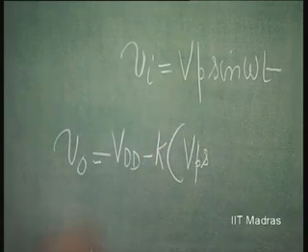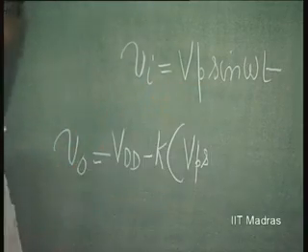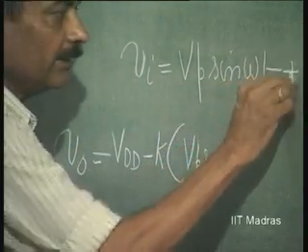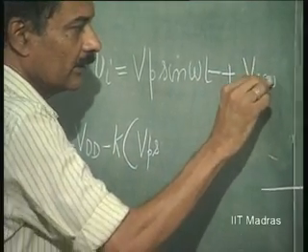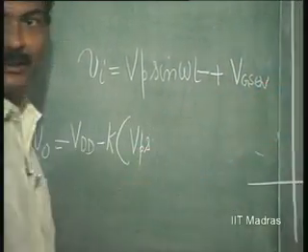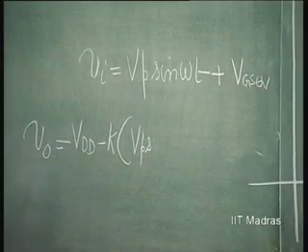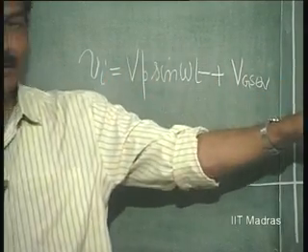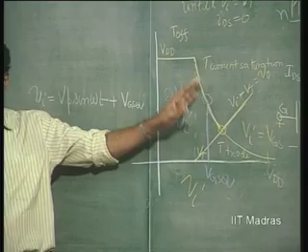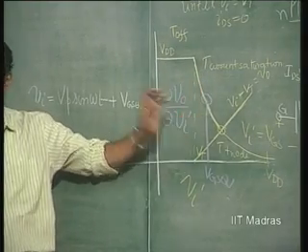Now, if we make Vi equal to Vp sin omega t, we have a problem. We should have this superimposed over VGSQ, so that there is a quiescent point and this voltage can go positive and negative around this point. It can increase above VGSQ or decrease.